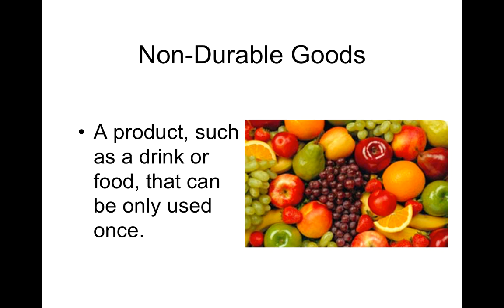And non-durable goods are things that will be used. So products such as food, or drink, anything that can be used only once. Doesn't have to be edible though. When we talk about disposable razors, pencils, crayons, toilet paper, once it's used, it's gone. It's a non-durable good. It doesn't mean that it's not renewable.